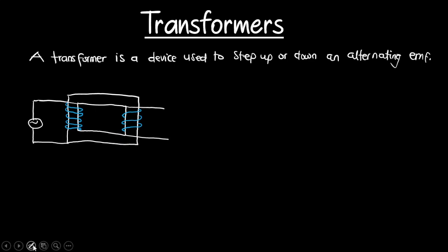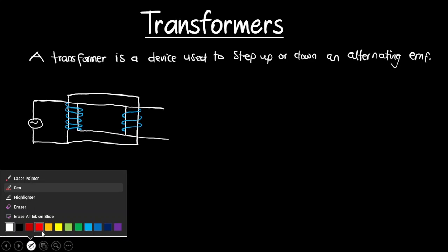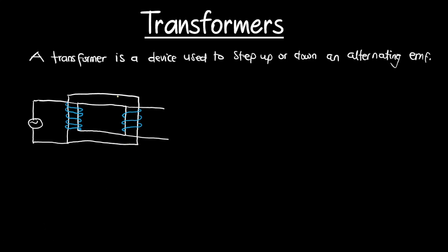So let me quickly label the parts. This is what we are calling the soft iron core. Okay, that's the soft iron core. Then this is the AC input, alternating current input. This is our source of alternating EMF. Now the first coil near the AC input is what we call the primary coil.